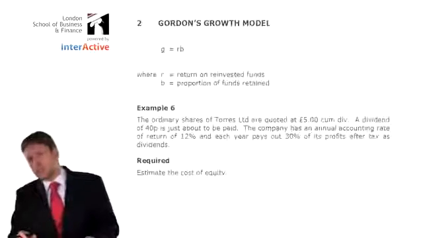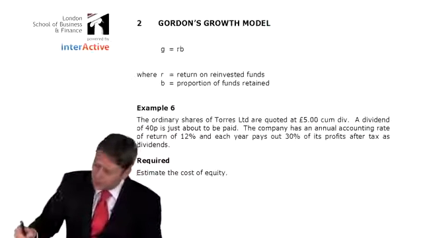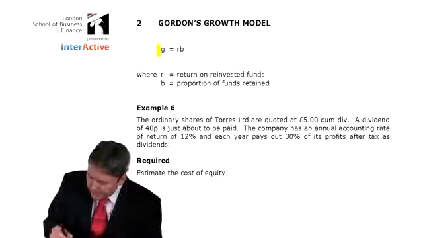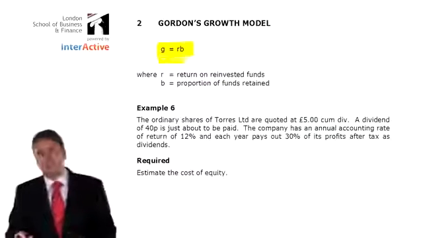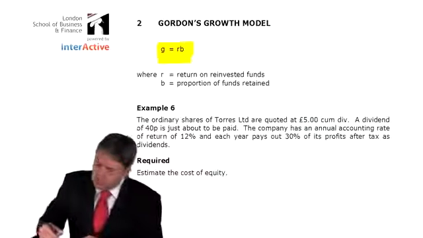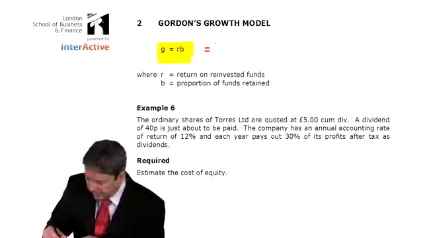There is an alternative way to calculate growth: Gordon's growth estimate. And it comes up with a very straightforward formula. g equals rb. Or, what the examiner does is he gives you this, he actually says bre.